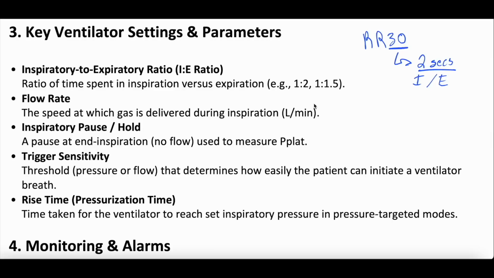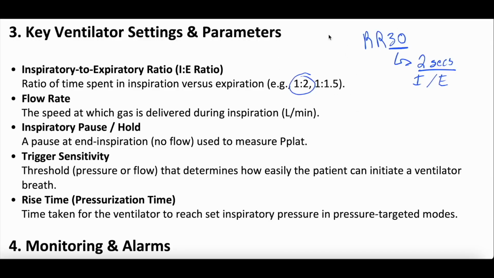Even spontaneous inspiration, our diaphragms contract, and that causes inspiration, whereas expiration, our diaphragms just relax, and that expires. On the ventilator, though, inspiration is active in the sense that we're pushing that breath in. Expiration on the ventilator is essentially we stop pushing that breath in, and the patient just exhales at whatever pace they do. So normal I to E ratio is something around 1 to 2.